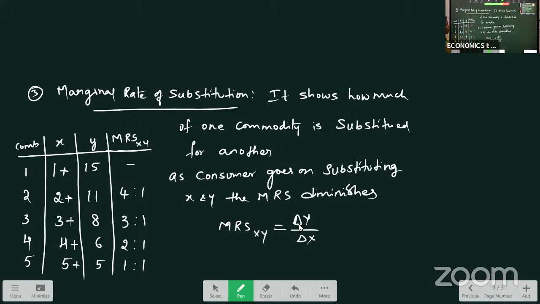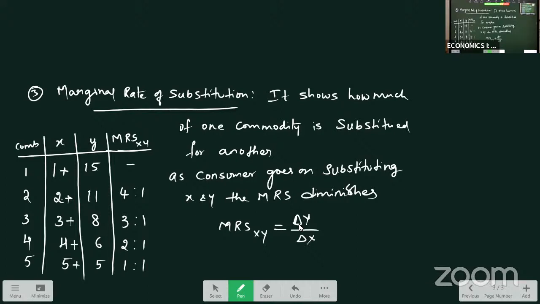So this is called marginal rate of substitution for your 2 marks.